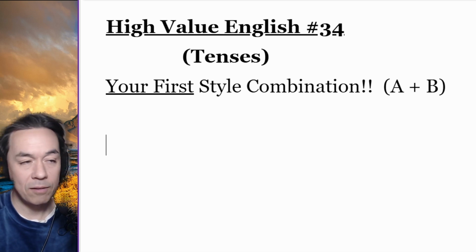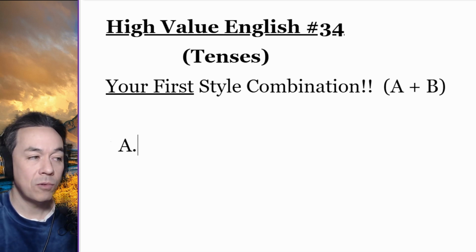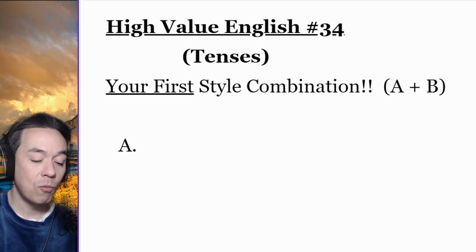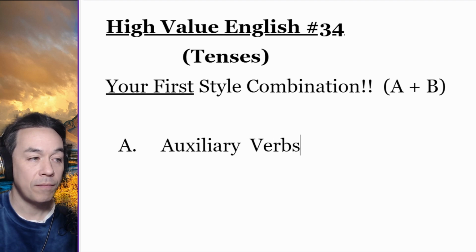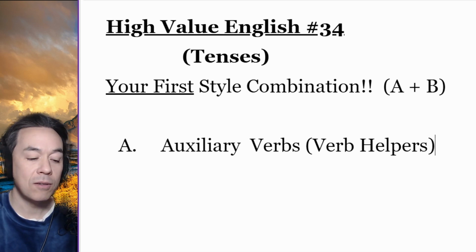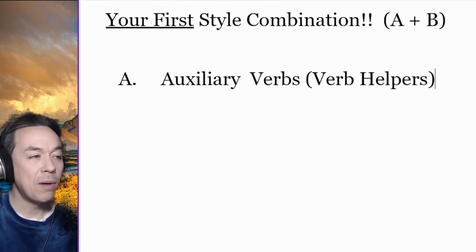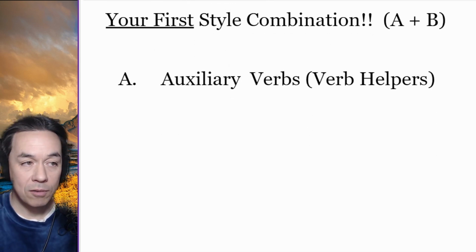Let's find out. So in this case, we'll say number one, the first A is going to be the auxiliary verbs. And if you remember from a previous video, I call them verb helpers. That's just easier, I think, for my students to remember or understand than this word auxiliary.